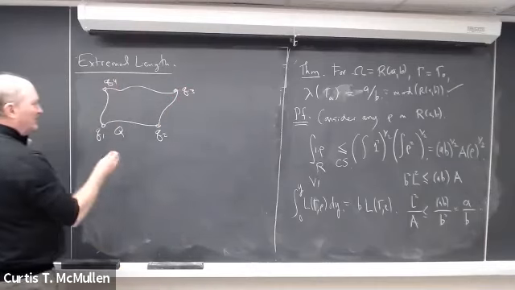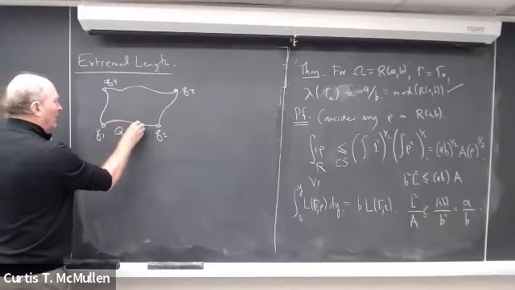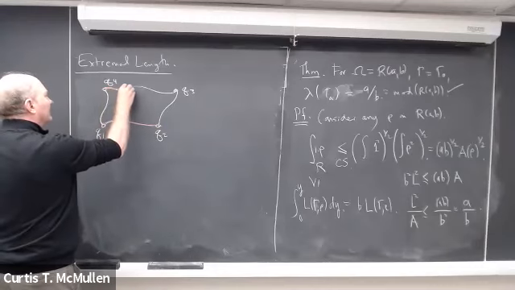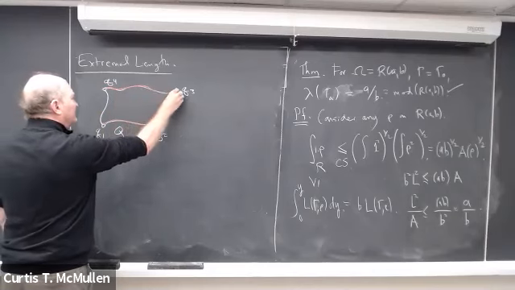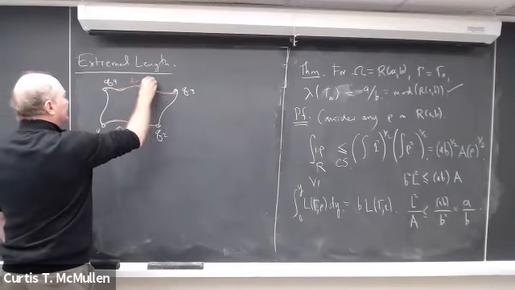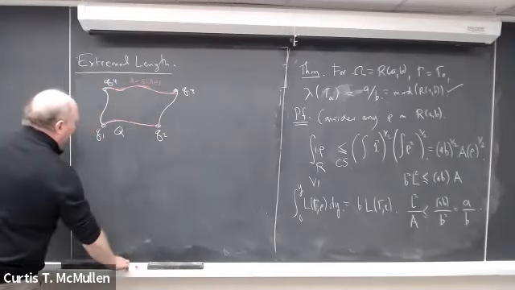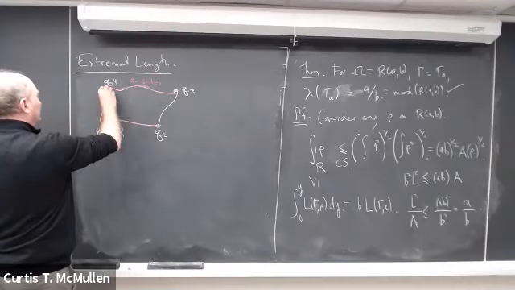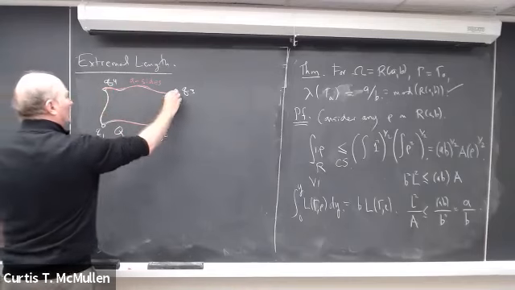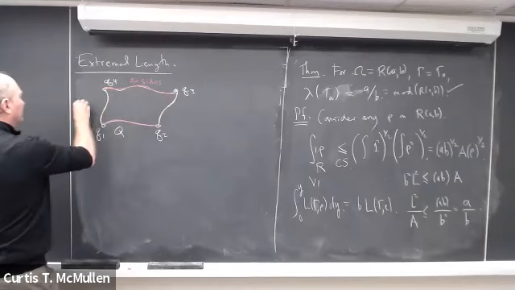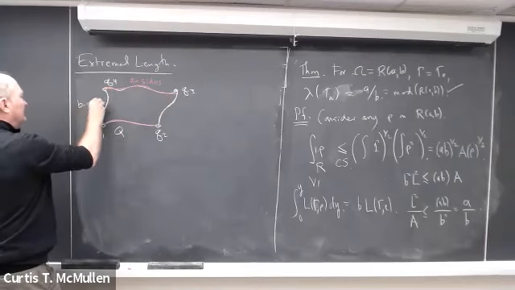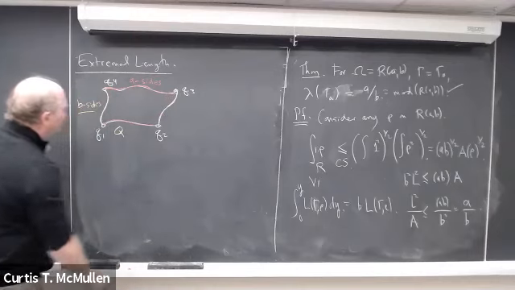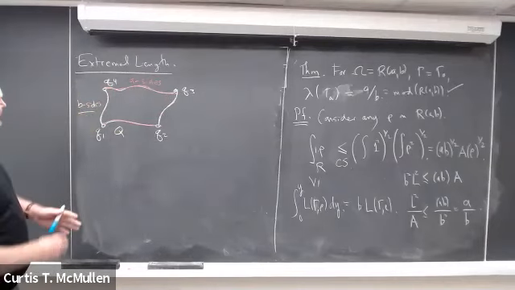So when we have a general quadrilateral, we call these two edges the A sides. They're well defined because the points Q come with labels. And these other edges are called the B sides.